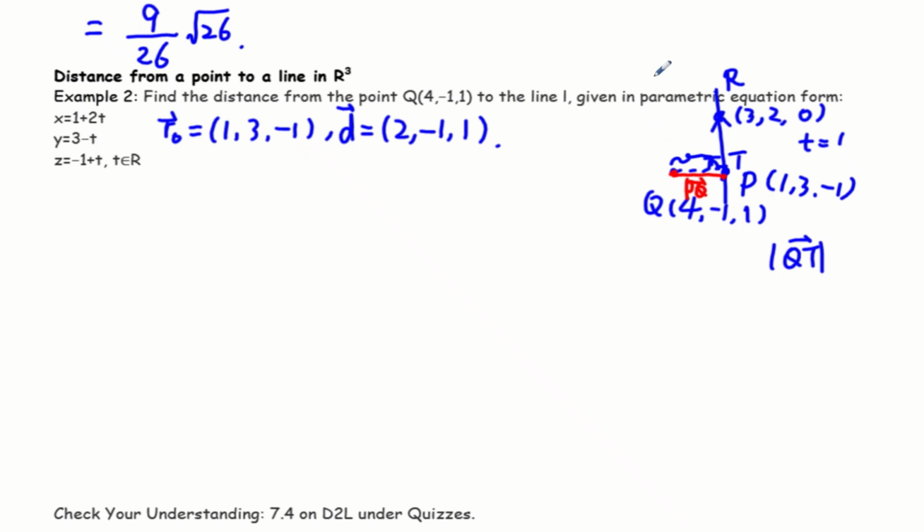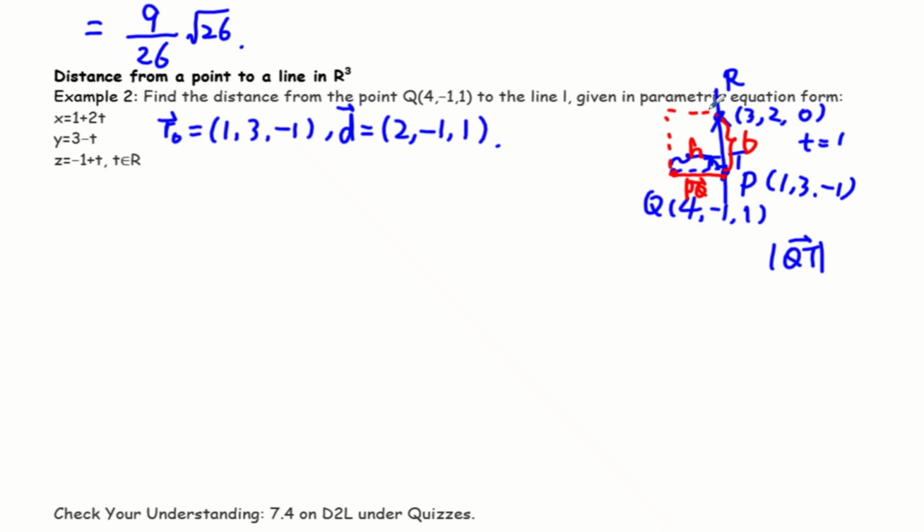We could find the area, and from the area, this is a height, and this is a base. So we could form a parallelogram. We know how to find the area of the parallelogram.